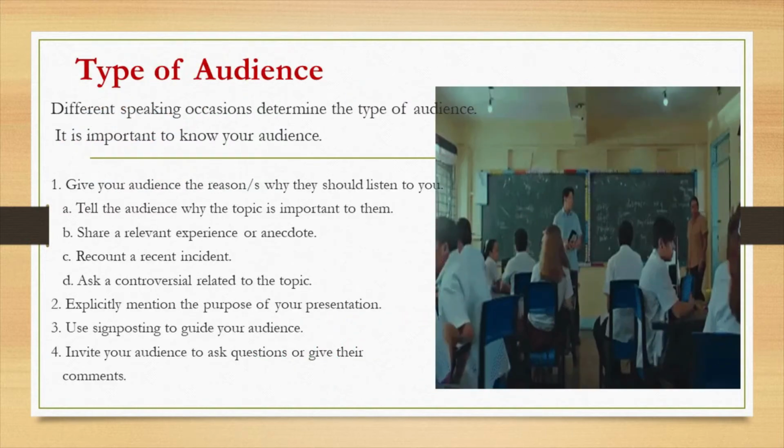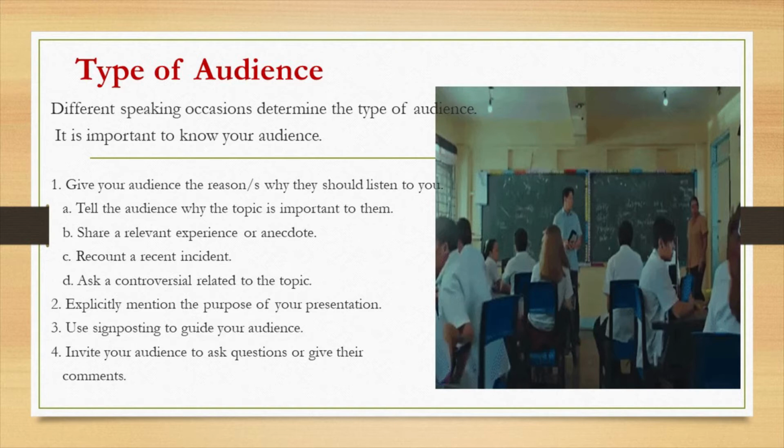Letter B, the type of audience. Different speaking occasions determine the type of audience. It is important to know your audience. And how are we going to do it? One, give your audience the reason or reasons why they should listen to you.